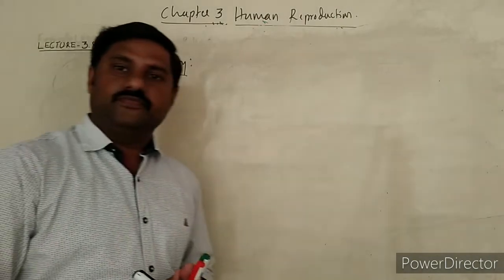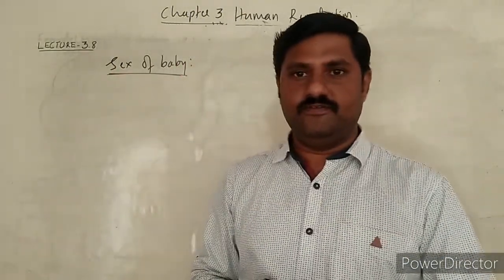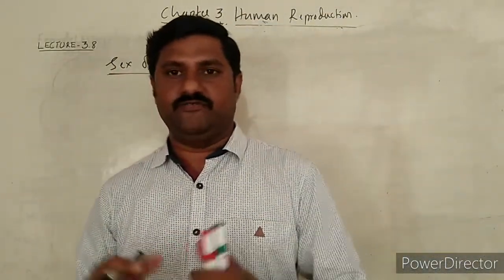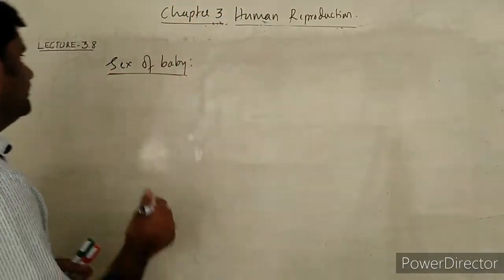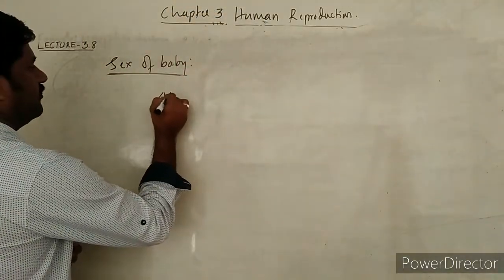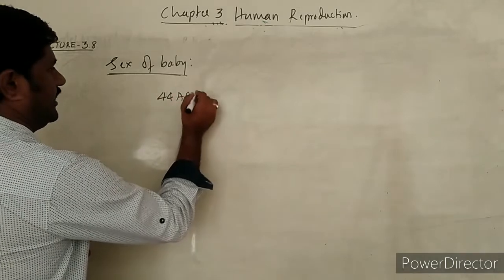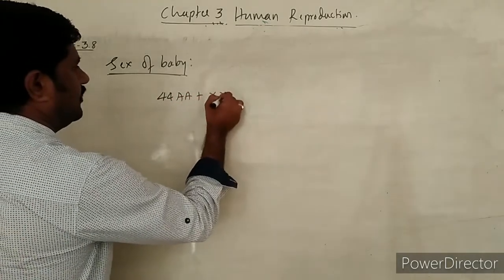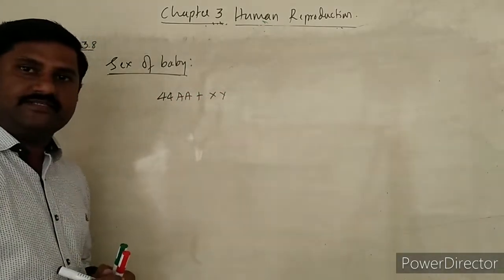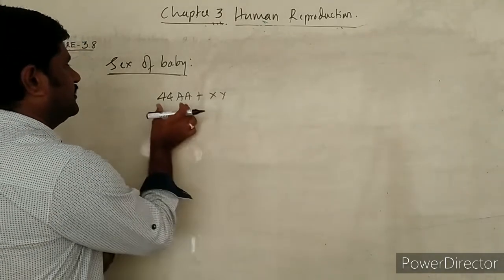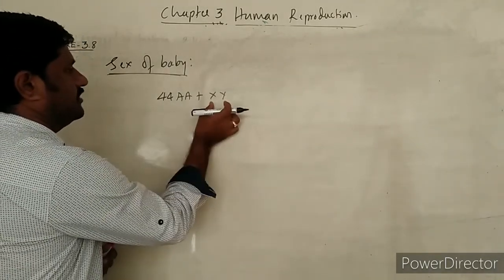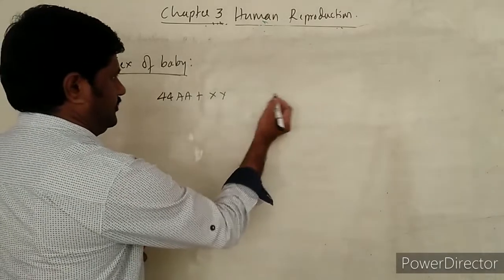Already you know the chromosomal constitution of male as well as female itself, right? So let us write it now. 44 autosomes will be there, plus X and Y, the allosomes or the sex chromosomes. These are called autosomes and these are called allosomes.